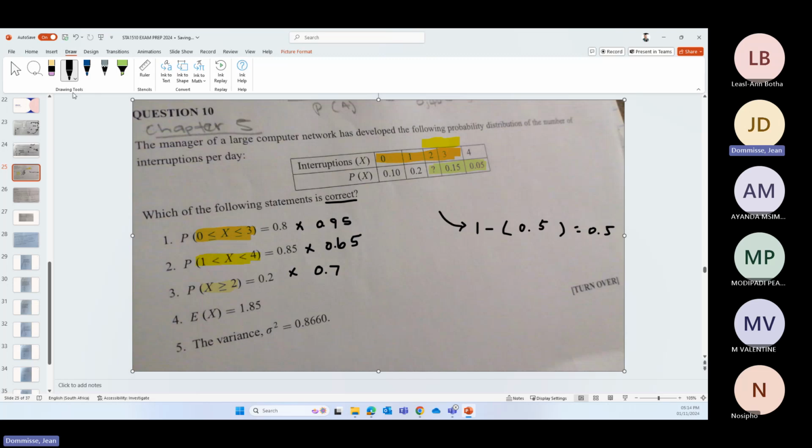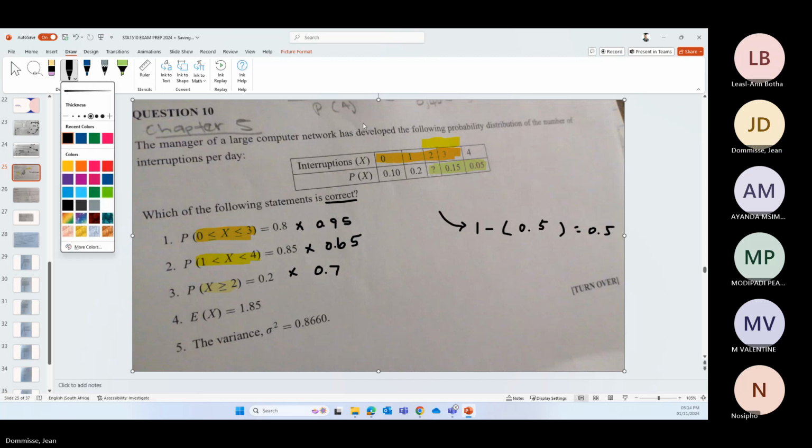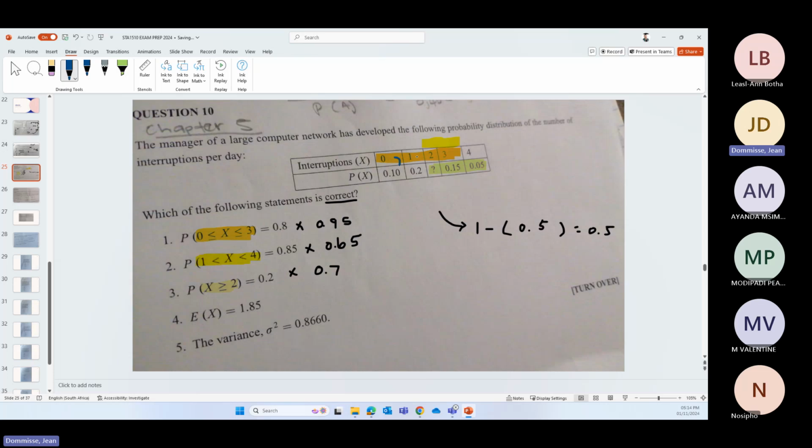So now we will say that times that plus that times that and continue. So 0 times that is 0. 1 times that is 0.2. Plus 2 times 0.5 is 1.